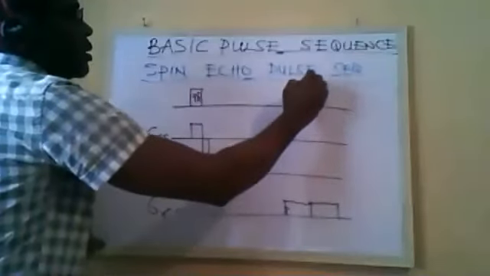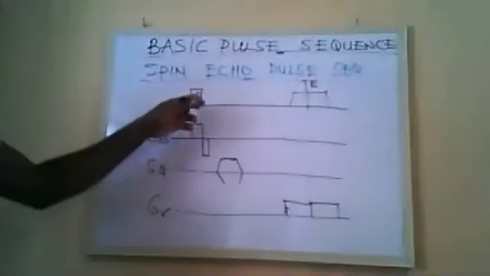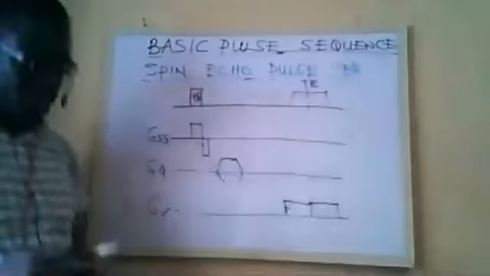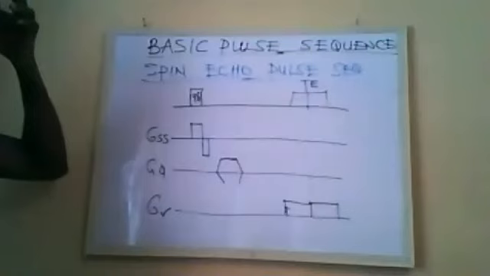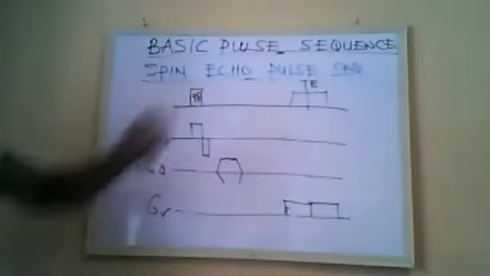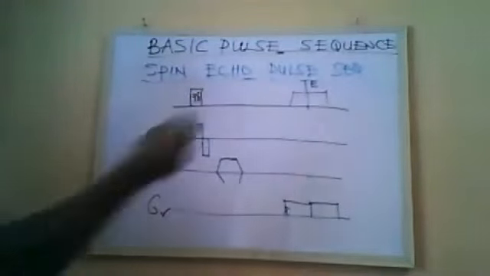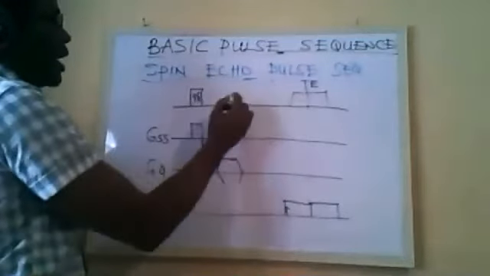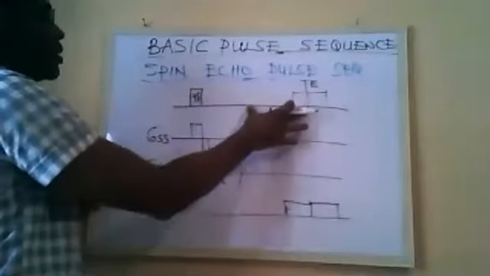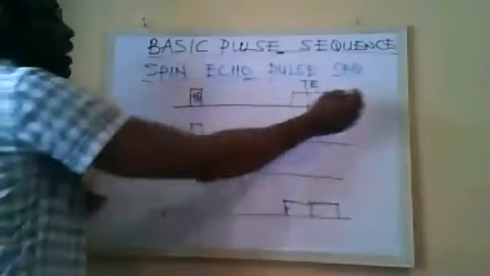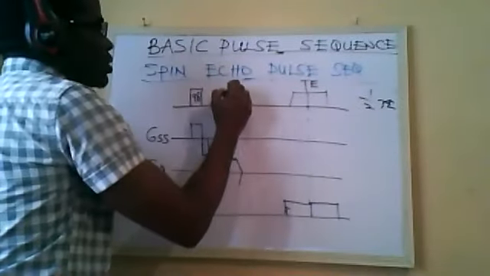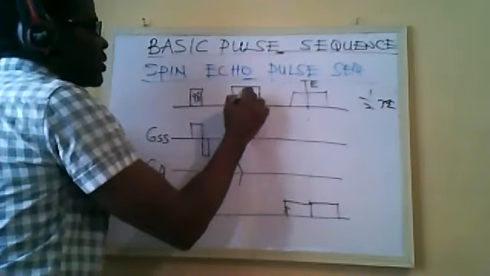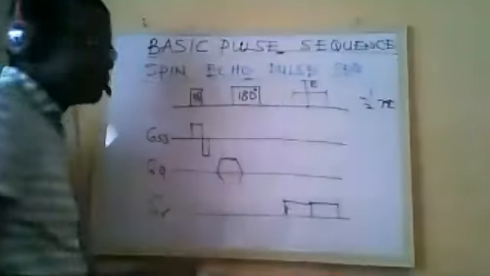In between the 90-degree pulse and TE, we need to introduce an inverting 180-degree pulse, halfway in between, at half TE. At the time half TE, we need to introduce a 180-degree RF pulse.